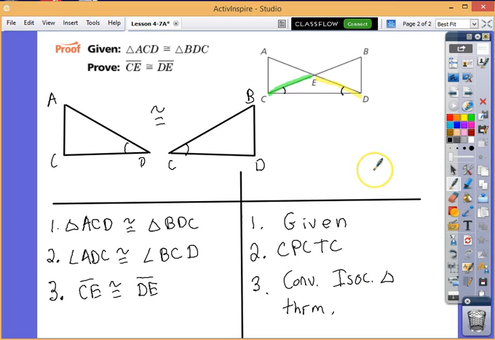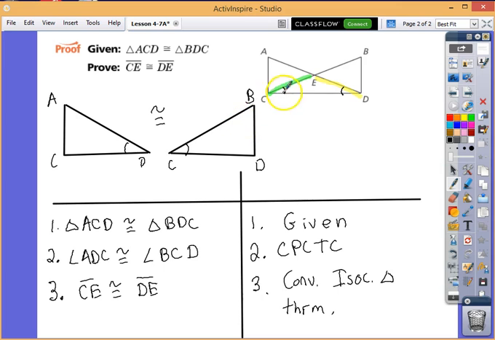To recap, the way that I figured that out is I looked at what I needed to prove, and then I worked backwards from there. Okay, if I know that those two line segments need to be congruent, what else do I need to know? And I came up with, oh wait, if these two line segments are congruent, this is an isosceles triangle. So if I can just get these two angles congruent, then I'm okay.